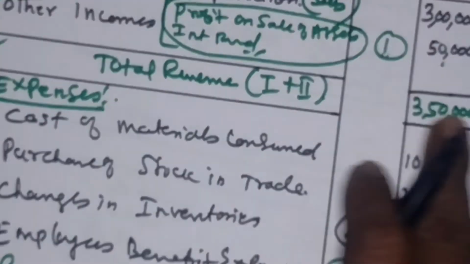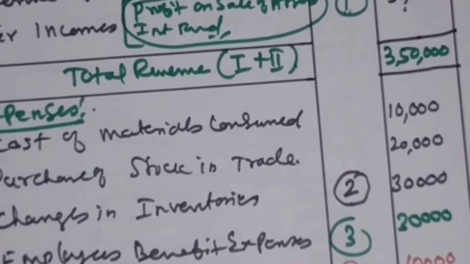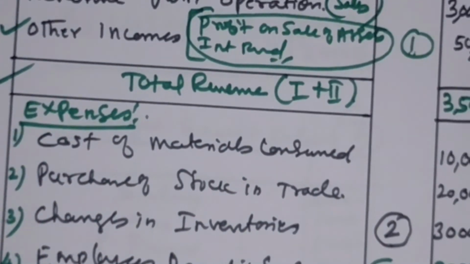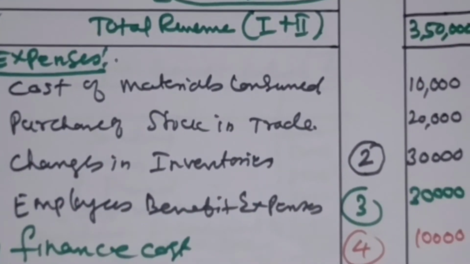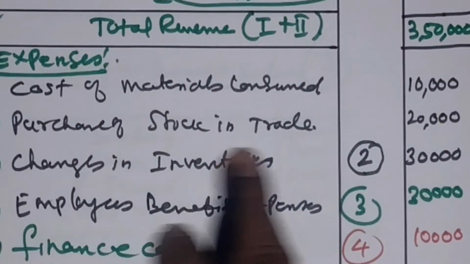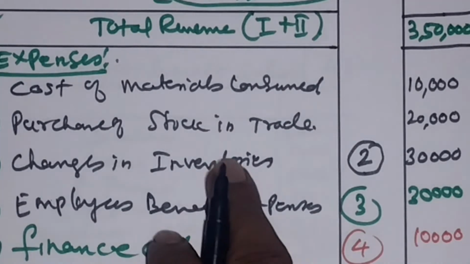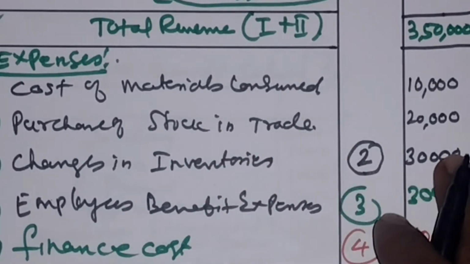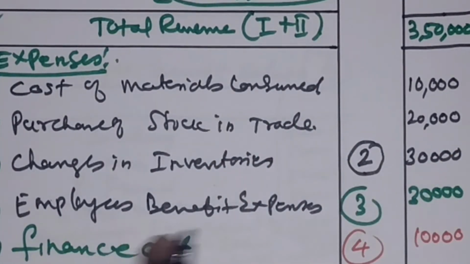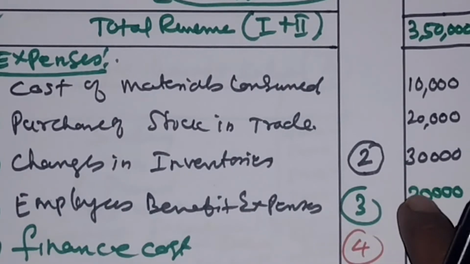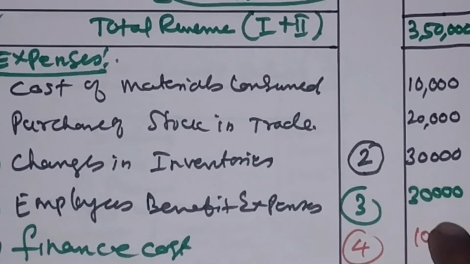Overall total revenue we got is 3,50,000. Out of the total revenue, the first one is cost of material consumed 10,000, purchase of stock in trade 20,000, changes in inventories, that is opening stock minus closing stock, 30,000. Employee benefit expenses like salaries, wages, staff welfare expenses, provident fund, encashment of leave salary, all put together 30,000.